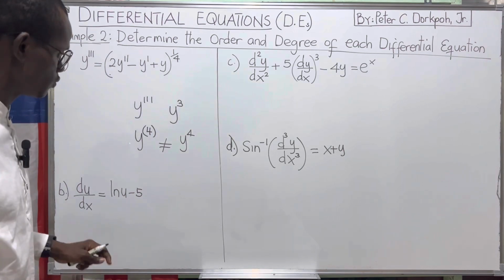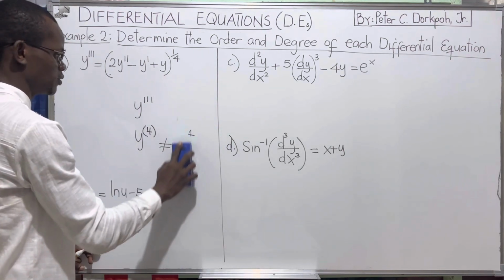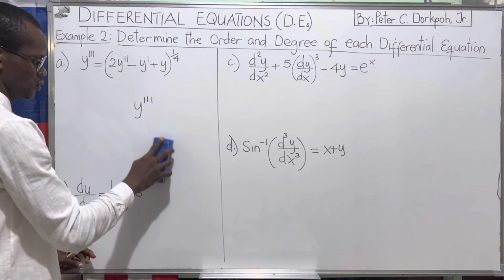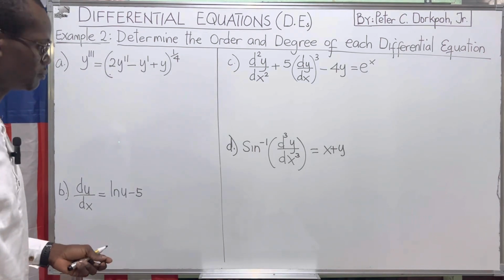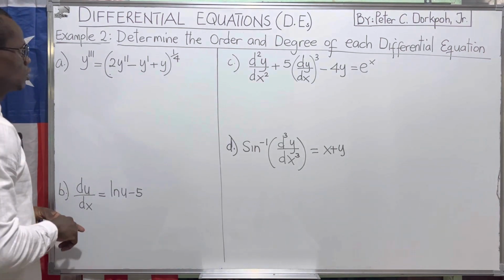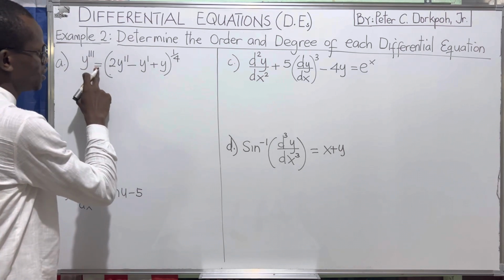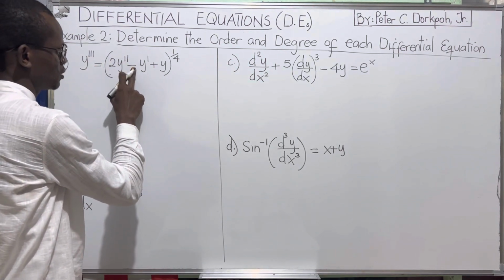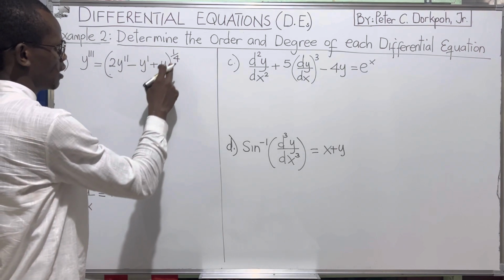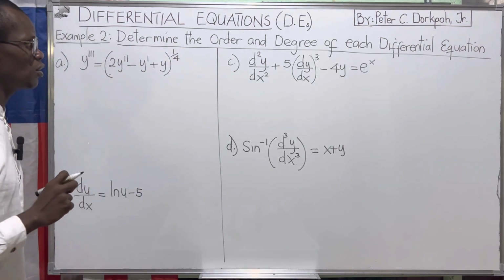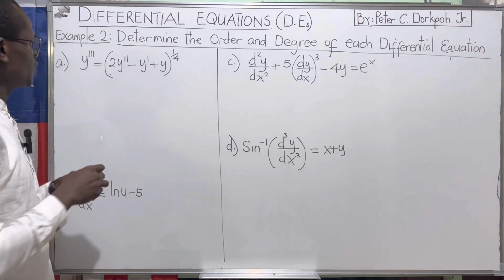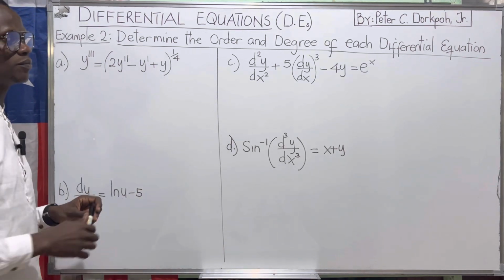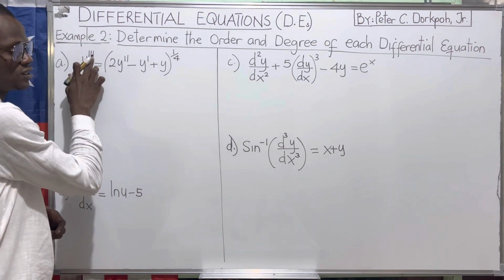I just thought to explain that in case we have problems that involve those powers, so we know how to deal with them. So y prime prime prime equals 2y prime prime minus y prime plus y, all raised to the power 1 over 4. Now, if we clearly see this problem, we know that the highest derivative is 3.